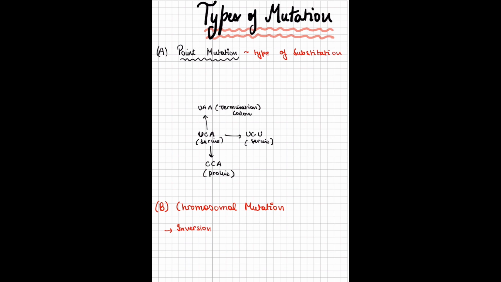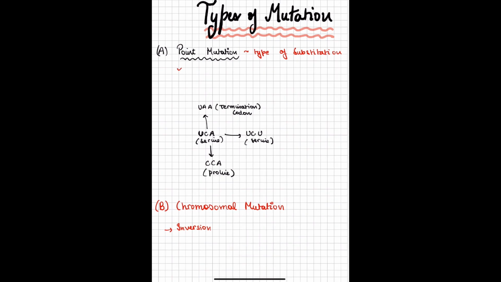It can result in 3 scenarios. Either the mutation will be silent mutation, or it can be missense mutation, or it can be nonsense mutation. Let's understand one by one.